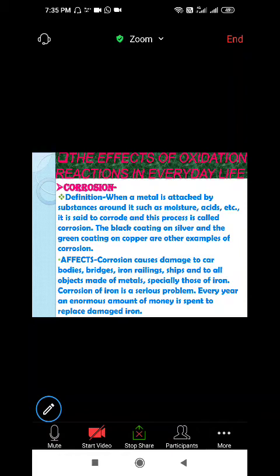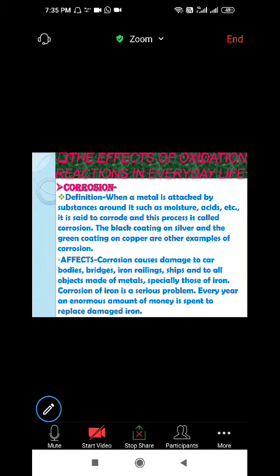Okay, you must be aware that there is a reddish brown coating on the iron surface in the monsoon season generally. That is also the corrosion of the iron material. This is very common, I guess.